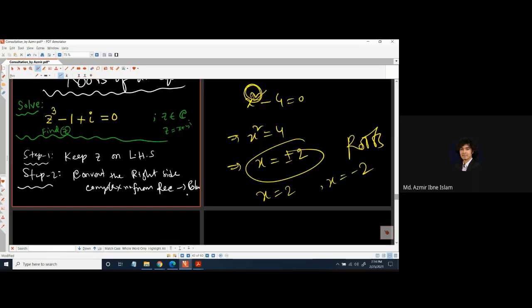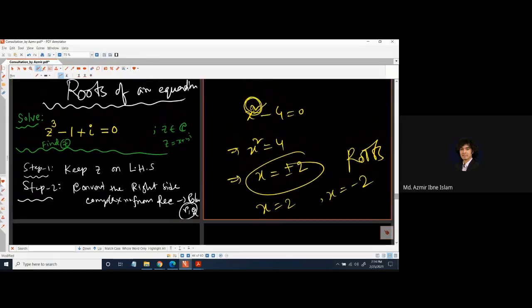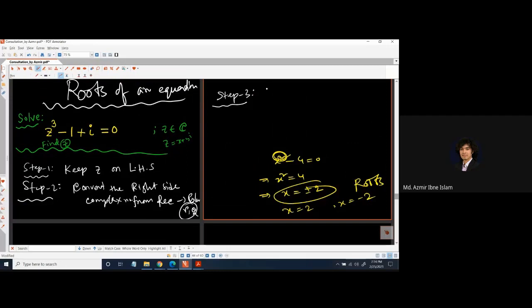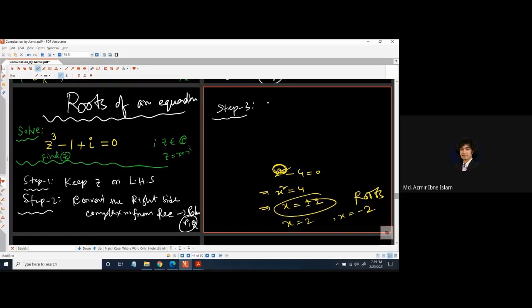That means you need to find r and theta. And remember, whenever you are going to find theta, the argument formula and location are important. After that, you have to apply one formula called de Moivre's theorem. What is de Moivre's theorem? We'll try to discuss it later.